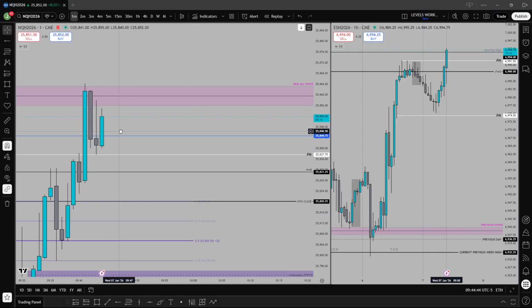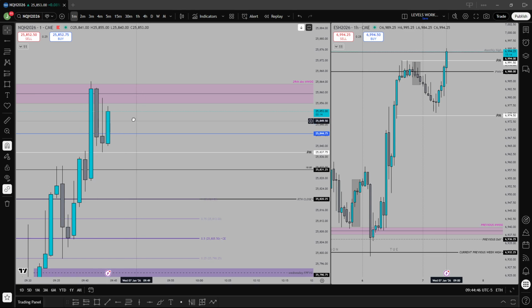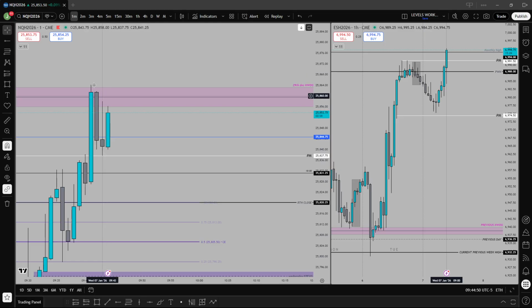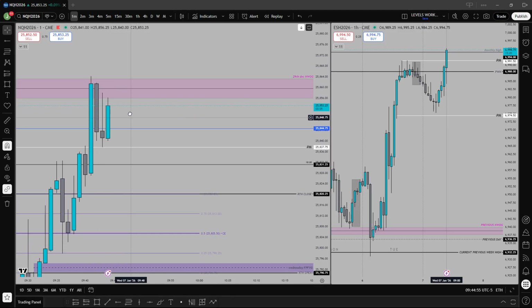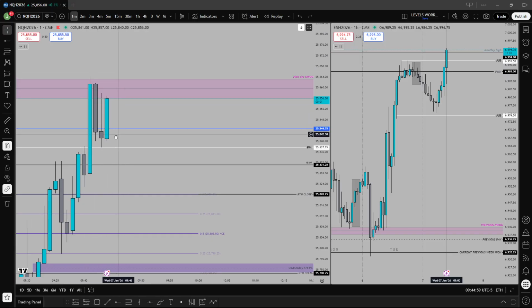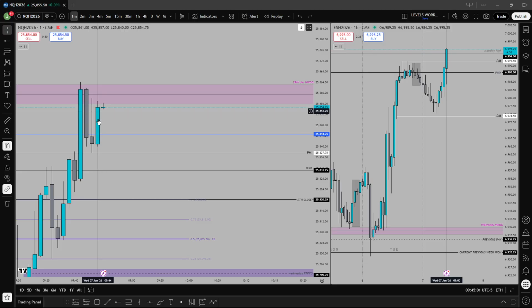I like it. Next candle, I wanna see price tap these highs, like the reaction of that value gap, like this candle.